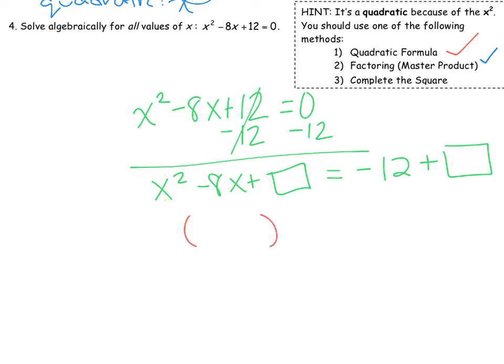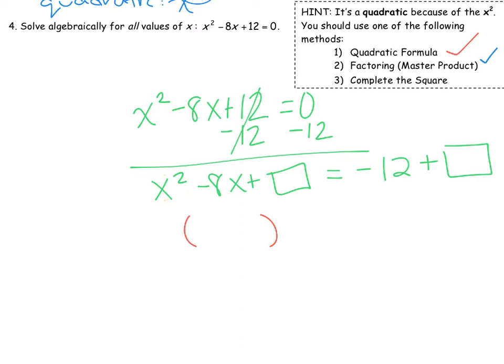You always write that immediately below. That x squared minus 8x plus blank, you're going to write immediately below that x in parentheses squared because we're completing a square. Okay? All right.